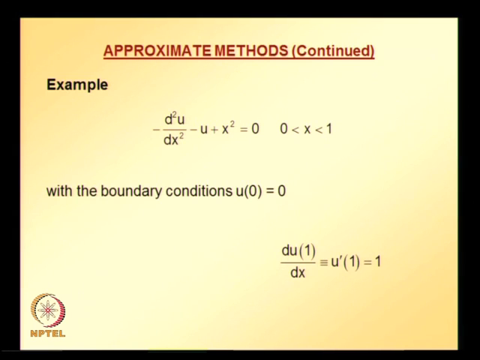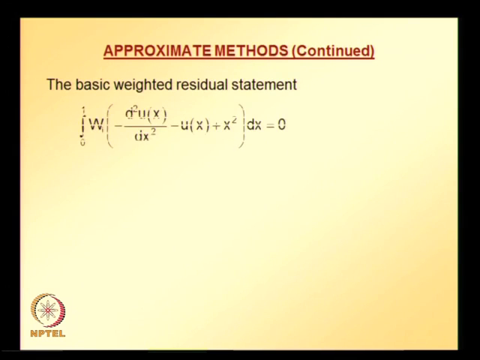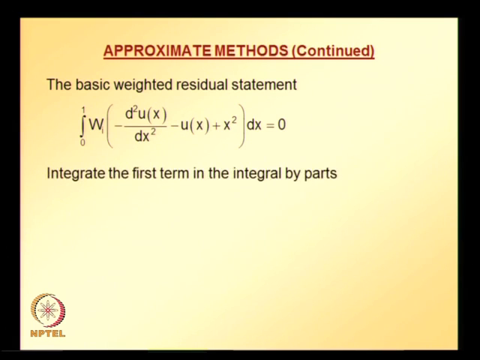So now applying the basic Galerkin criteria, the weight function times the difference between the left hand side and right hand side, or the residual, integrated over the problem domain is equated to 0. So this is the basic Galerkin criteria, and here we want to reduce the demand on the starting trial solution. So what we can do is integrate the term which has the highest derivative, and in this case it is the first term.